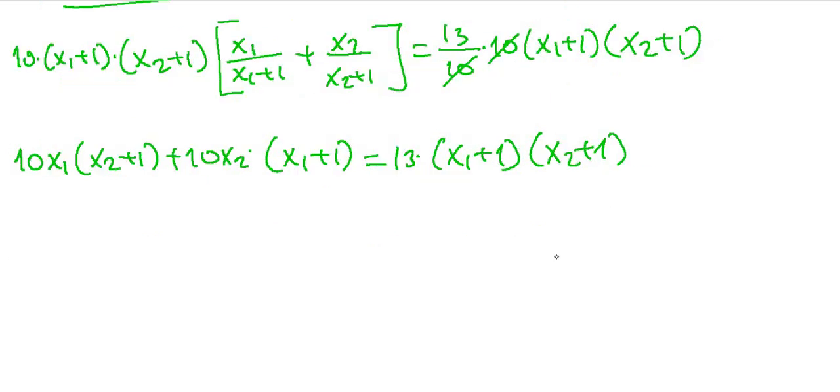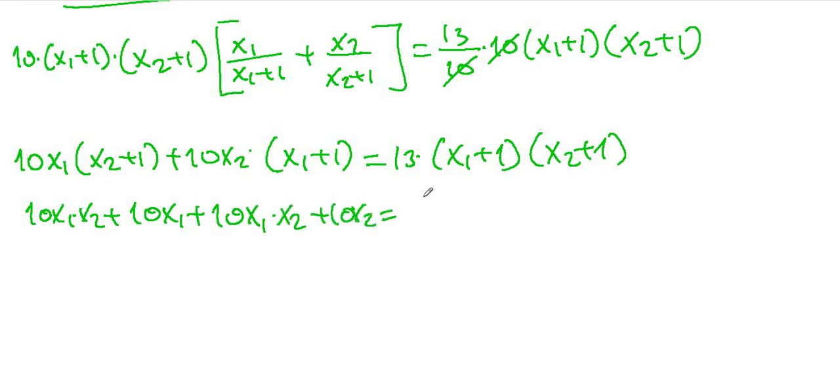So now again let's expand each side. 10 x1 x2 plus 10 x1 plus 10 x2 x1 x2 plus 10 x2 is equal to 13 x1 plus 13 x2 plus 13 x1 times x2 plus 13.